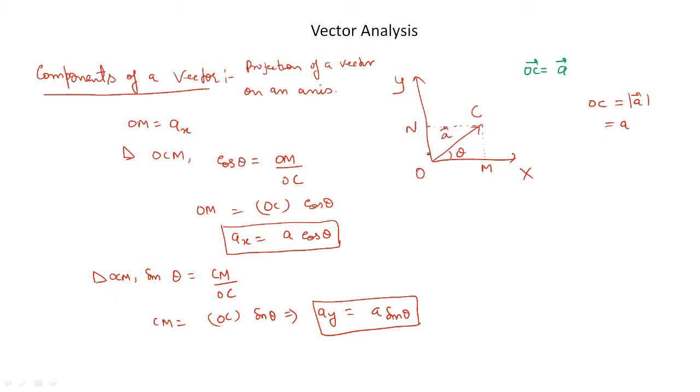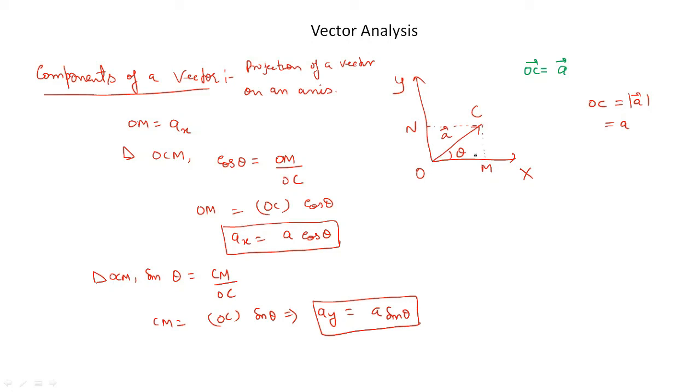Now we have to resolve this vector into two components. So we will draw a perpendicular from the end of the resultant vector. So C is the end point of the resultant vector. I will draw a perpendicular from C to the OX axis, and let us say it is CM.